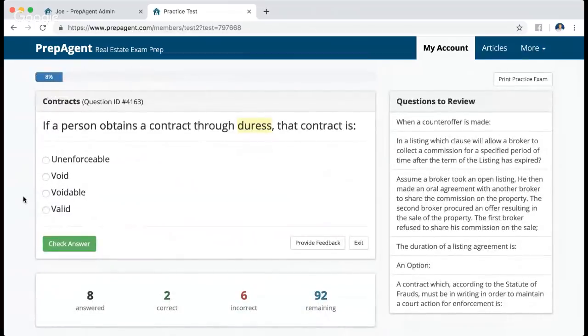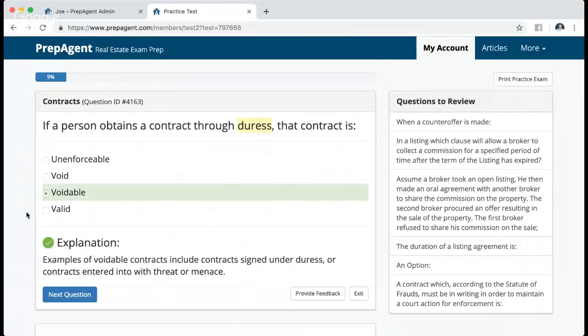Okay, if a person obtains a contract through duress, that contract is A, unenforceable, B, void, C, voidable, or D, valid. What do you guys think? That makes it voidable.